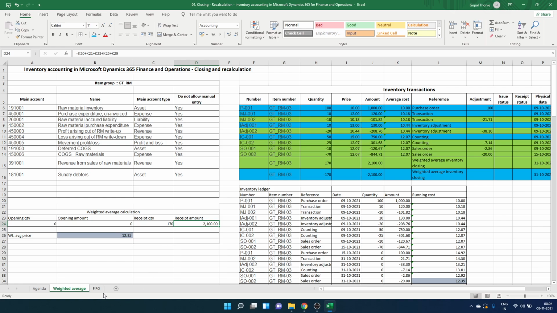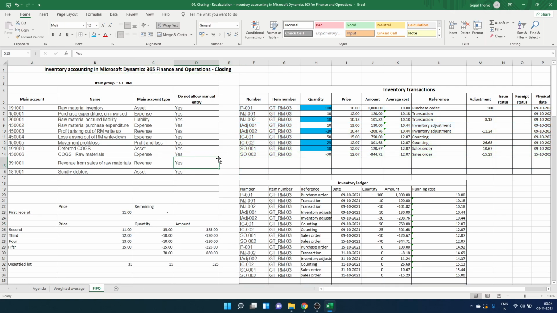But in FIFO, it's not like that. If on the item model group you have selected the include physical cost amount checkbox, then if any packing slip is not invoiced, there also the adjustment happens.